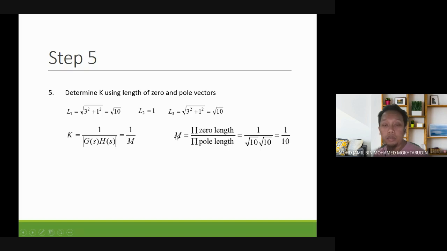Okay, so the magnitude M equals the product of zero lengths divided by the product of pole lengths. So 1 divided by square root 10 multiplied by square root 10. So we get 1 over 10. And then to find k, we use this formula here. K equals 1 over M. So 1 over M equals 10. So the gain k for the point of interest is 10.